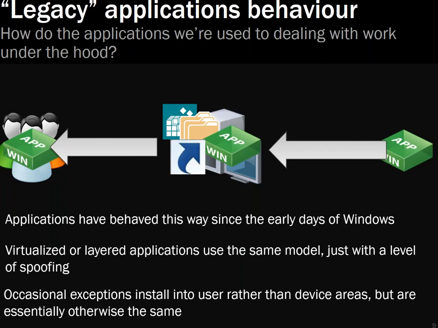You do get occasional exceptions like Dropbox that install into the user-specific areas, into the user profile, rather than device-specific areas. But other than that location being changed slightly, they're very much the same as the classic way of putting an application down onto the machine.